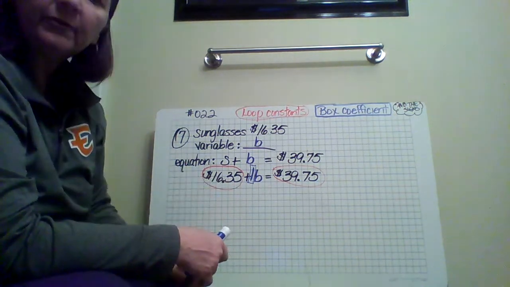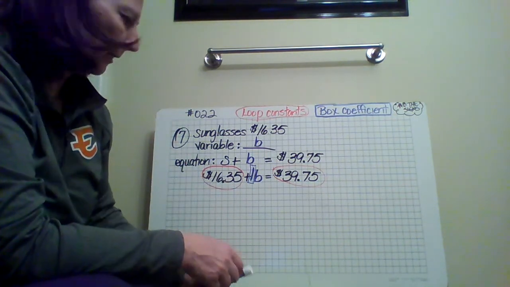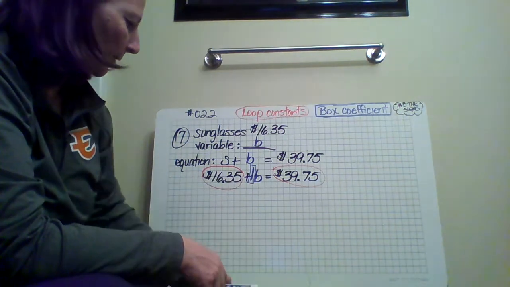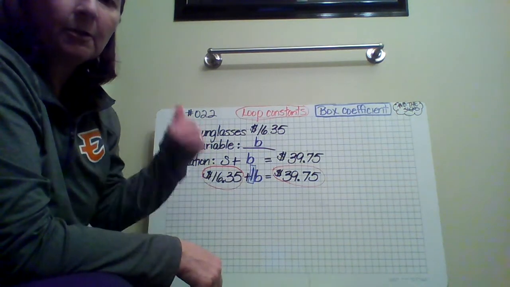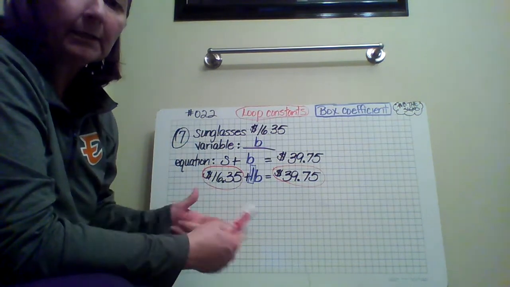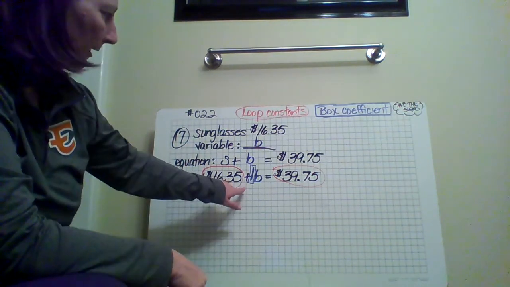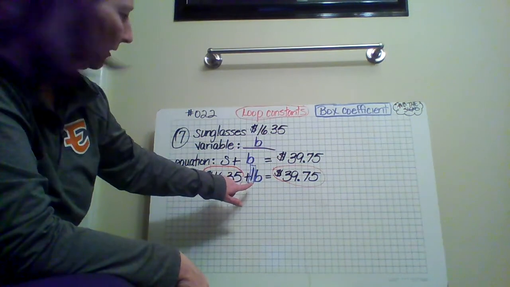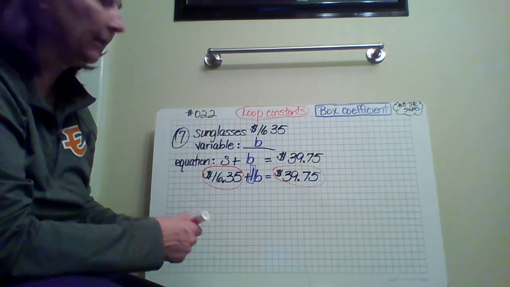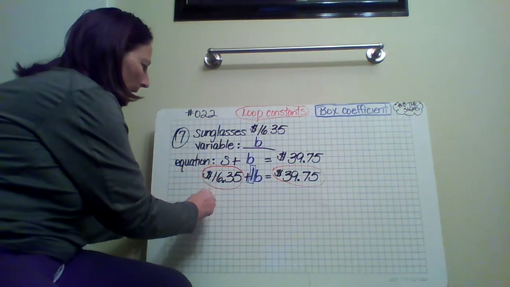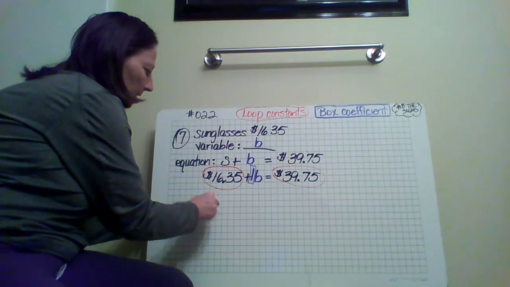All right, so there's no division that I need to do here. I do need to get that B all by itself. The way that I do that is to undo what is happening to the variable. In this case, what is happening to the variable is 16.35 is added to B. So I'm going to subtract that from both sides.